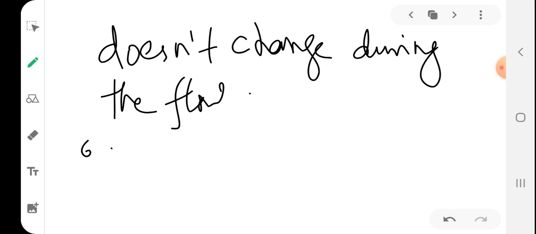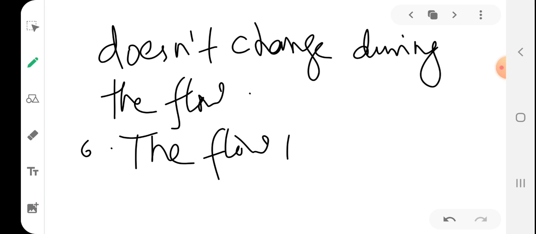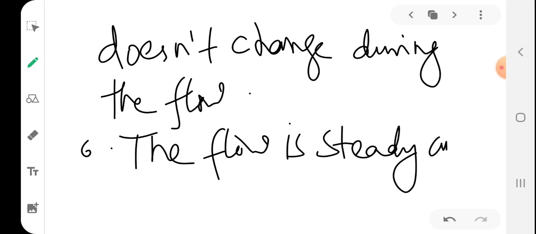Next, this assumption is valid for all types of flow: the flow should be one dimensional and steady.